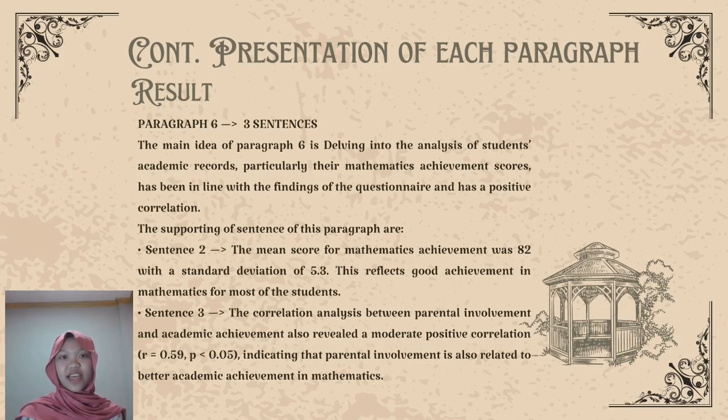In sentence 3 contains that the correlation analysis between parental involvement and academic achievement also revealed a moderate positive correlation with r equals 0.59 and p less than 0.05, indicating that parental involvement is also related to better academic achievement in mathematics.